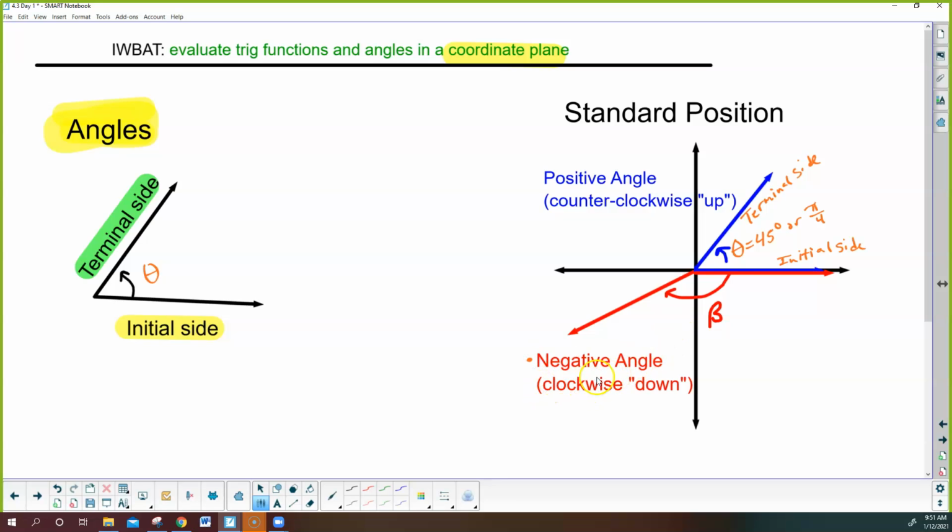Sometimes students think clockwise means you start going down. And let's say this is beta instead of alpha. Well, this angle looks like it's about 30 degrees less than 180. So I might call this negative 150 degrees.